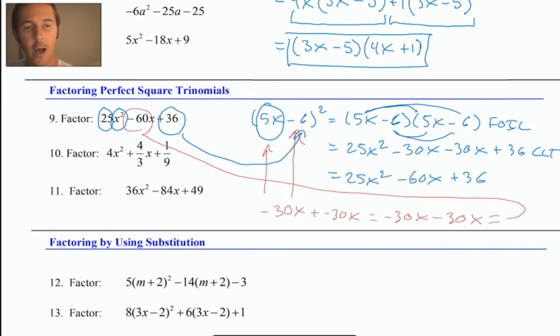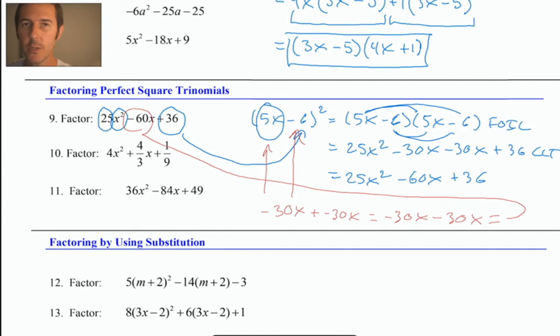So that's how I knew that number 9 was a perfect square trinomial before I even started. Because the square root of 25x squared times the square root of 36, added to itself, or doubled, was equal to negative 60x.